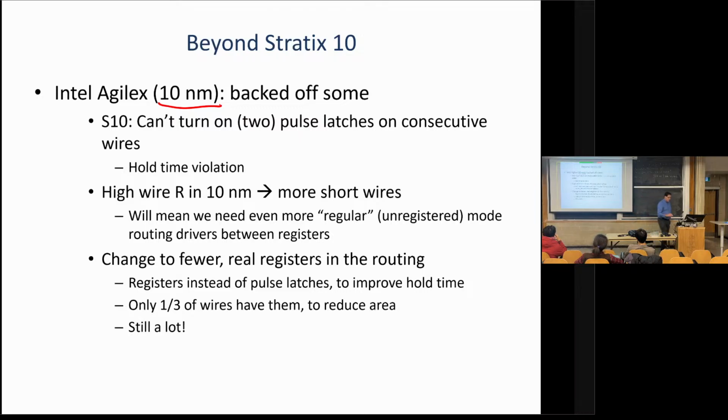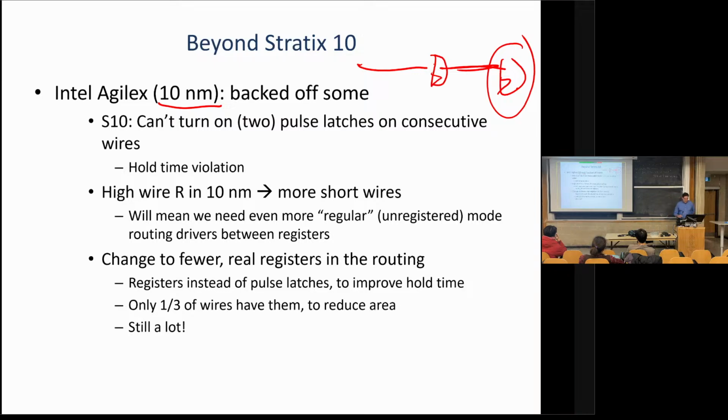Okay, so I have one relatively short wire feeding another relatively short wire, and so on. You couldn't turn on a register on both of these. Okay, so that puts some constraints on the CAD tool, just because the minimum pulse width they needed was wide enough that this was too fast. They could get a hold time violation.